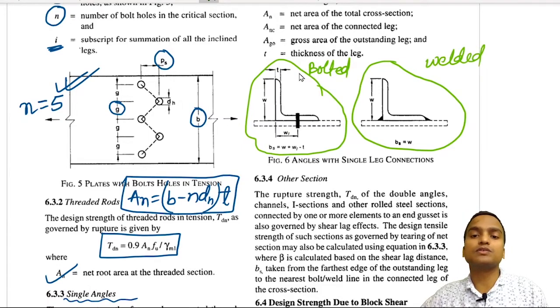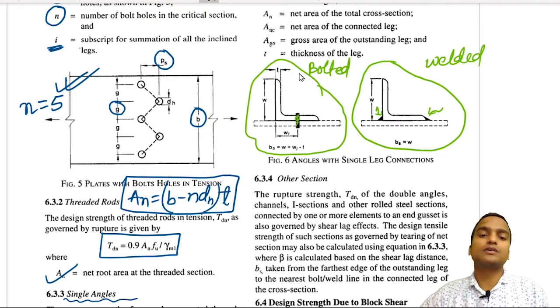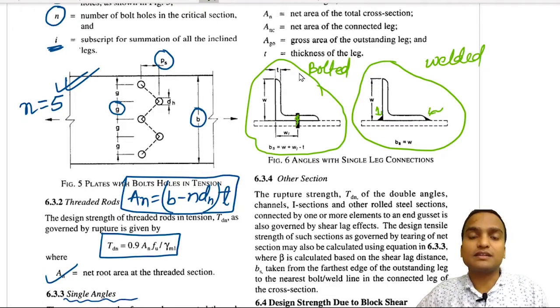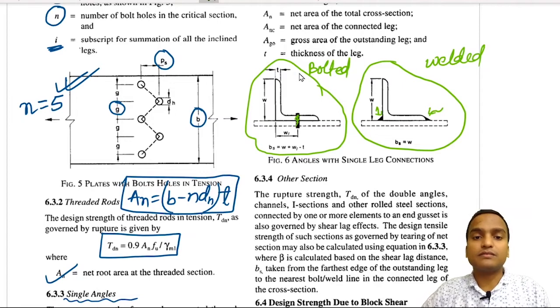You see the welds here, the darker triangles, and this is the bolt here. So in case of bolted connection, the value of bs is given by this formula.